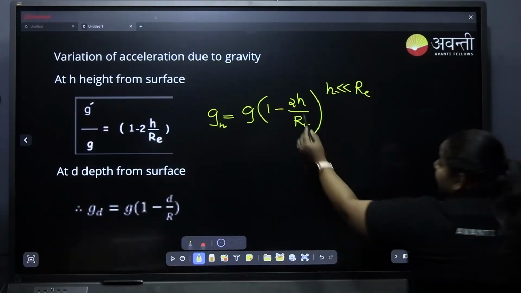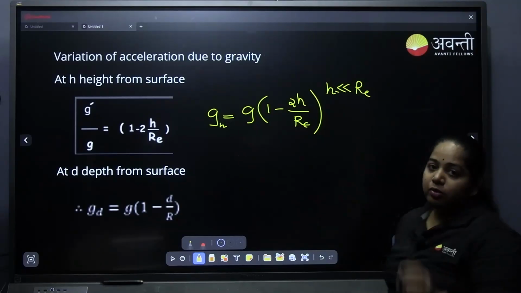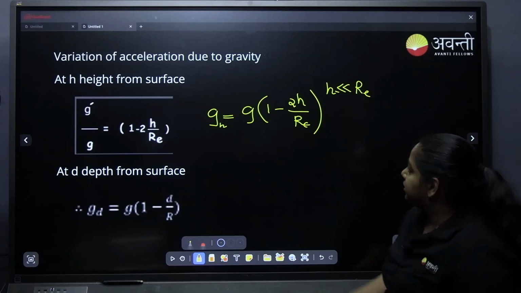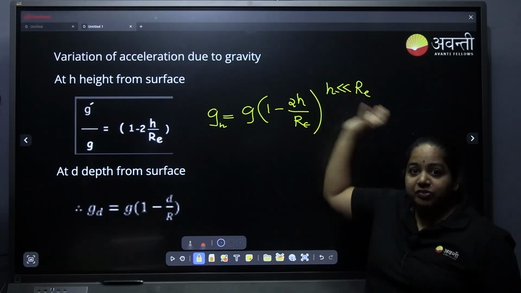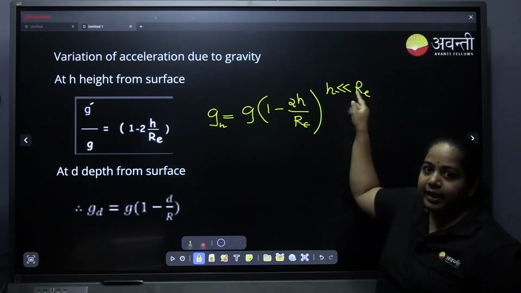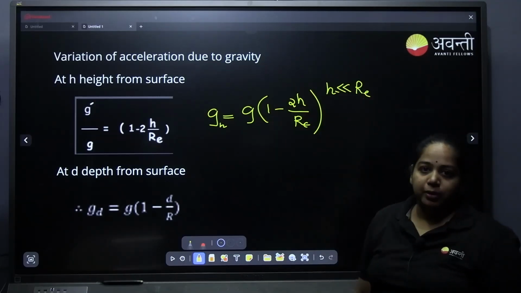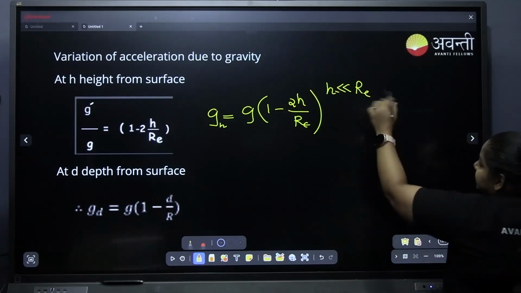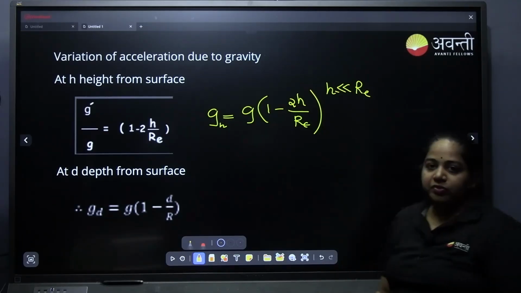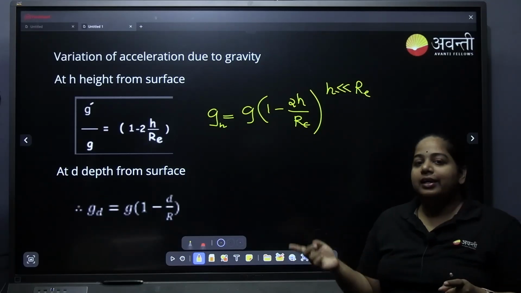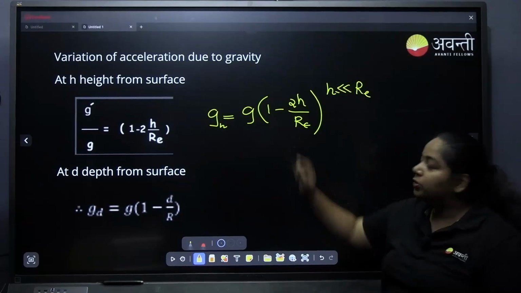Okay, so h is the height of the object from the surface of earth. If h is very small compared to Re, then we can use this formula. But if h is comparable to the radius of earth, like h is equal to 2Re or R by 3, like that it is given, you can't use this formula.